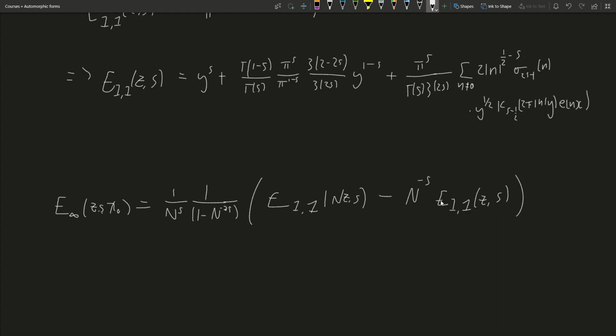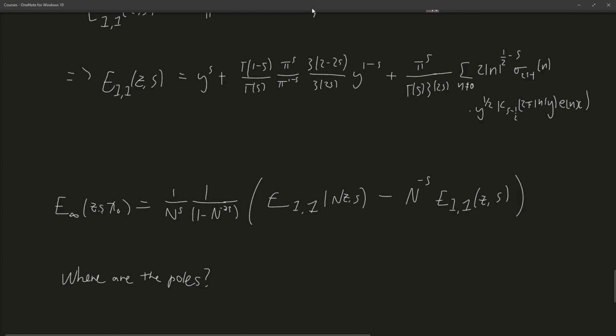So we have this formula, and we're interested in the poles of these things. We don't need to, at this point, write out exactly what the full Fourier expansion of this thing is. We can, by inspection, find the poles. So let's ask, where are the poles? I'm also going to clean this up a little bit.